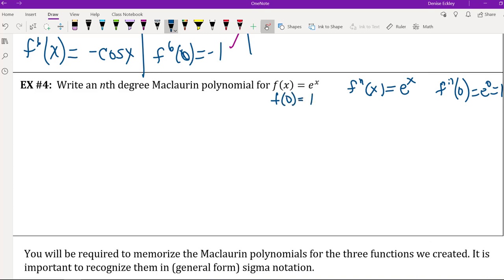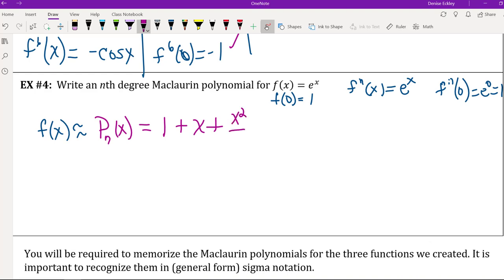So I can just go ahead and write out the function and then figure out the nth term. So we're going to have 1 plus x plus x squared over 2 factorial plus x to the third over 3 factorial plus x to the fourth over 4 factorial, and so on.